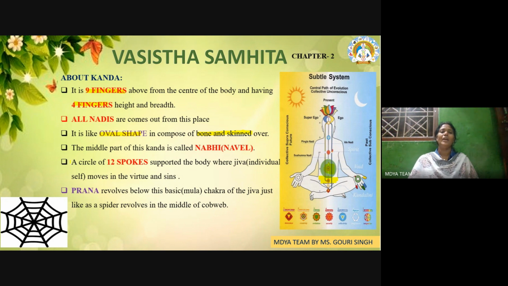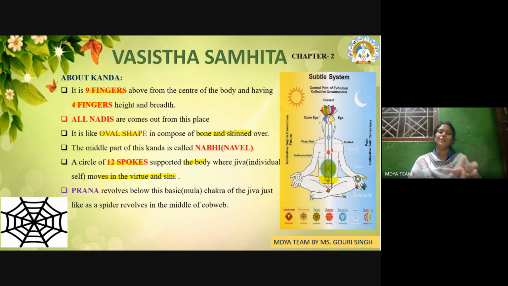Okay, and a circle of 12 spokes is present in the navel region, which supports the body, and where the jiva, the individual self, moves in virtue and sins. That means Vasishtha is trying to say this is a very important place.